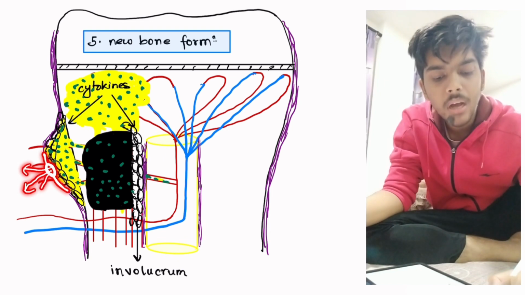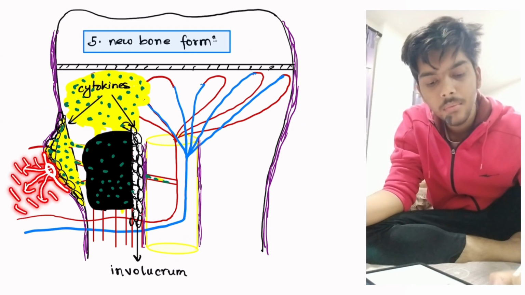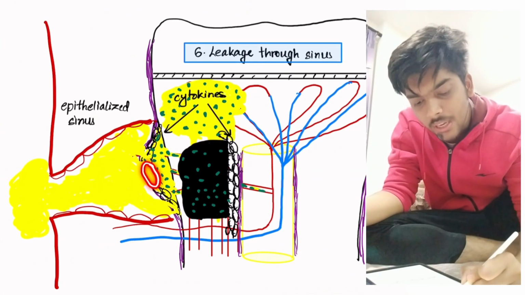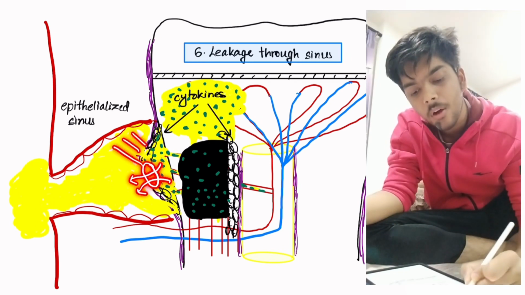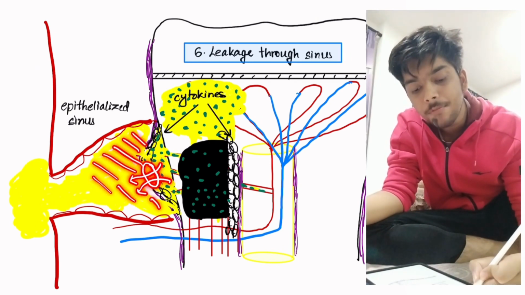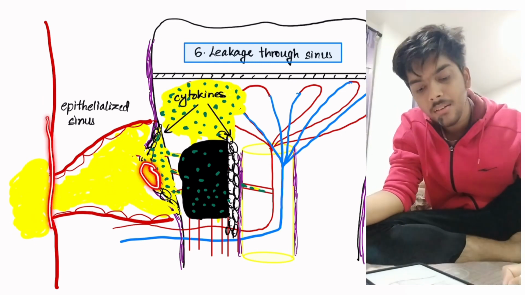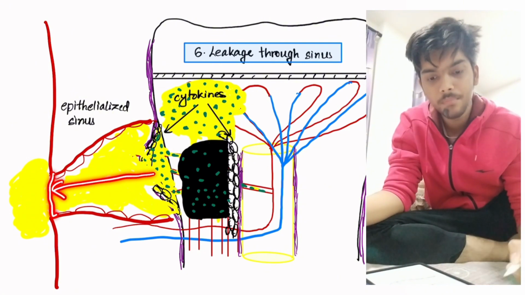Once the pus comes out, it leads to the necrosis of the nearby soft tissue. See here, here's the cloaca. Through the cloaca, pus comes out, which leads to the necrosis of the soft tissue nearby. If the region of the cloaca is near the skin, then it communicates with the skin as well.